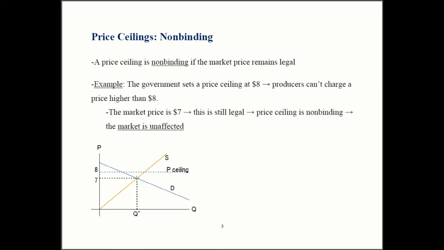The market would continue trading at a price of $7, and this price ceiling would have no impact. So, like I said, a non-binding price ceiling is pretty easy to analyze. It does absolutely nothing to the market outcome.